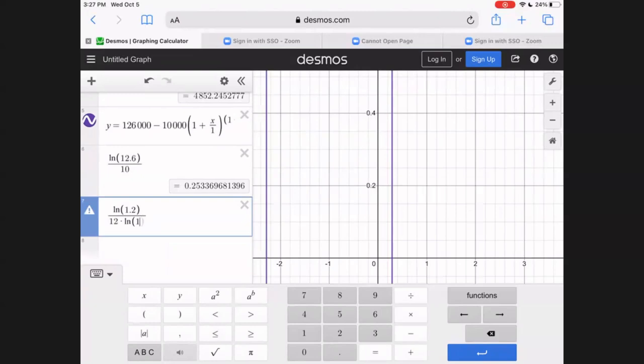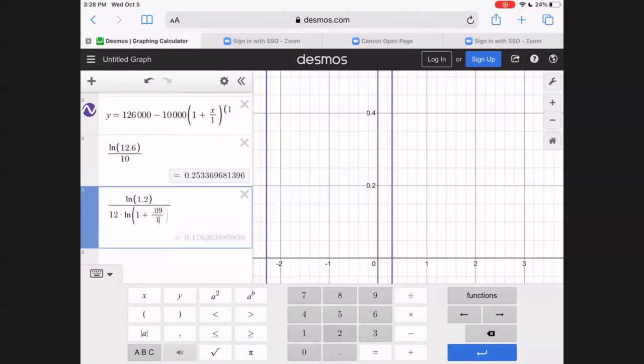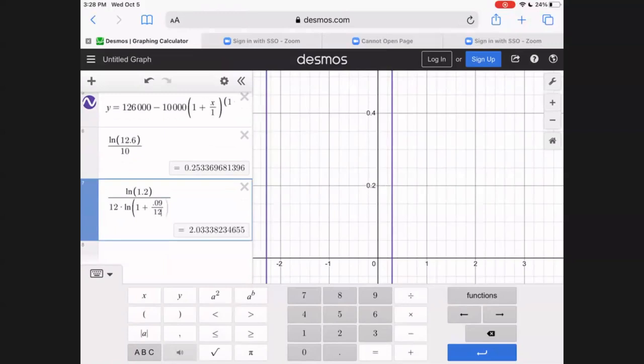And then let's type in everything, 1 plus 0.09 divided by 12, and then we're going to close parentheses there. So we get 2.033333. Okay, so it takes around 2 years to get to that point, right?